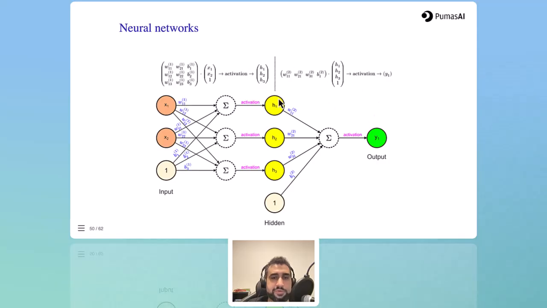And so if the loss is very sensitive to this change, if I increase W11 in the first layer and the loss increases a lot, then that means this is quite important. And so the corresponding derivative in the gradient will be high. The corresponding value of W11 of the first layer in that gradient vector will be large.